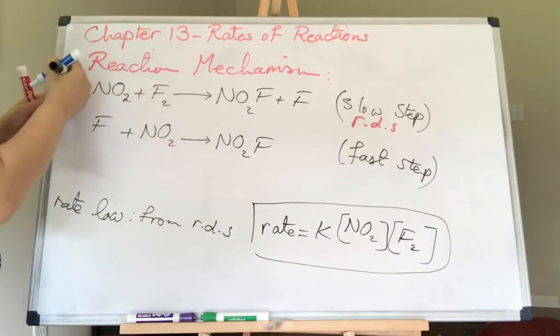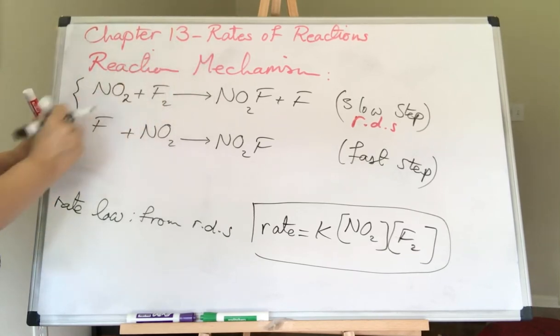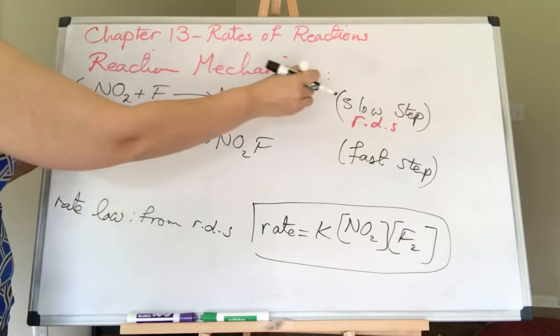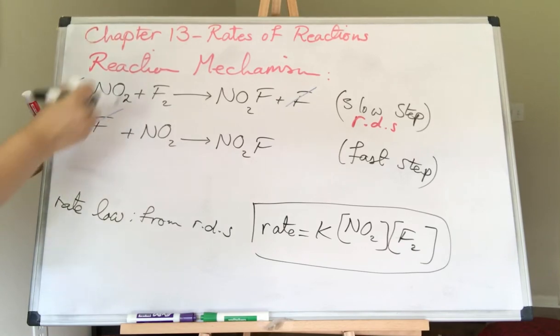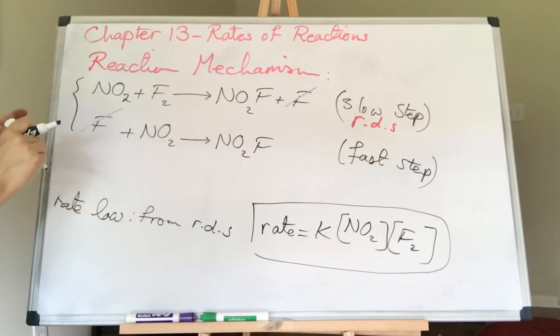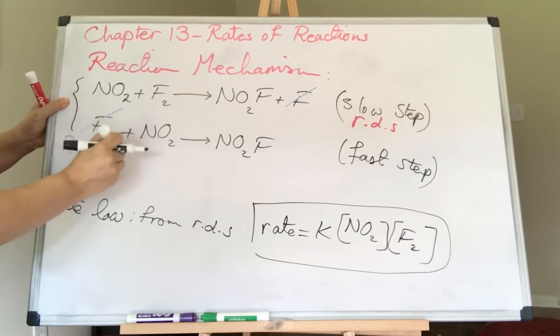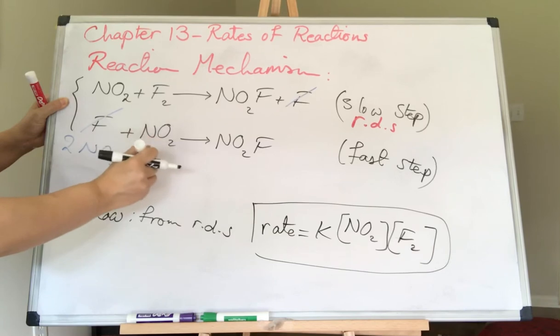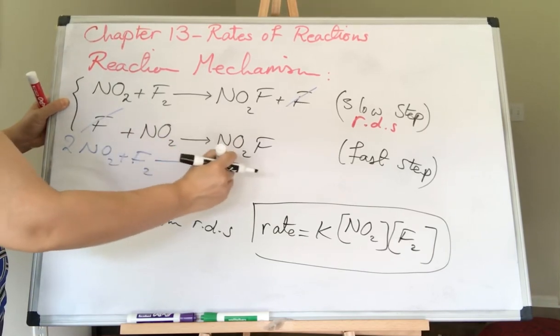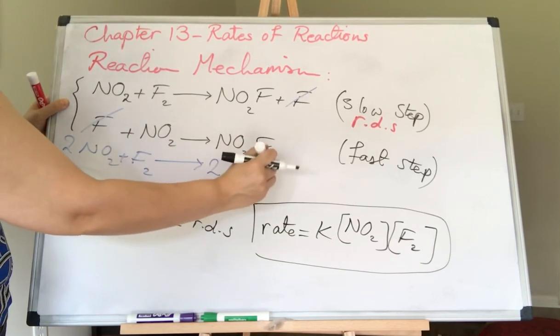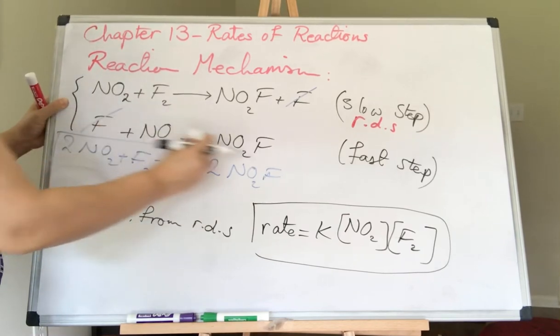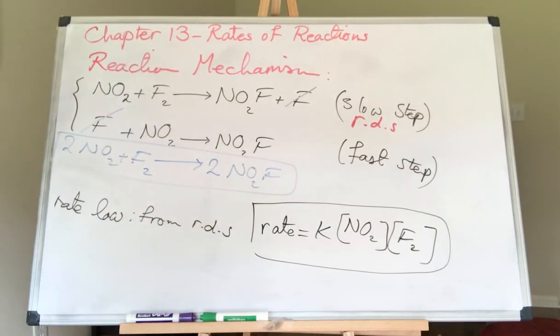When you add these two reactions and cancel the components that are the same, you will end up having the final equation. So here we have 2NO2 plus F2. On the other side, you will have 2NO2F. That's the overall equation for the reaction.